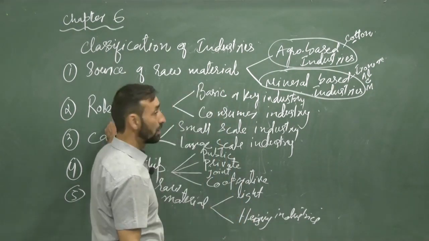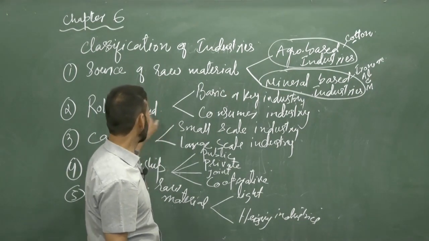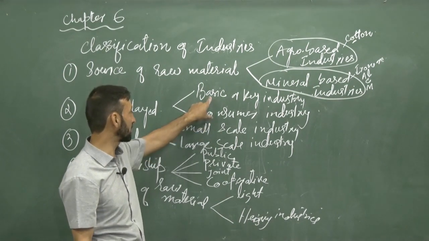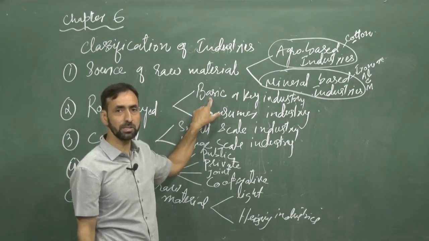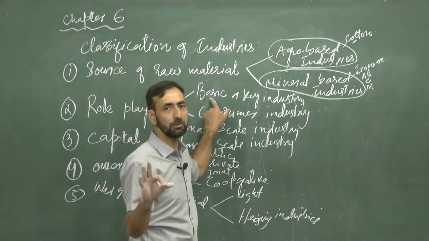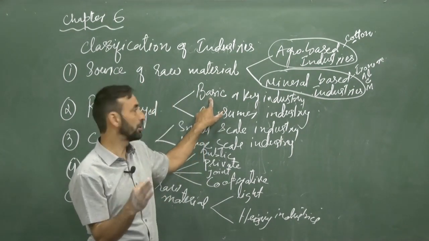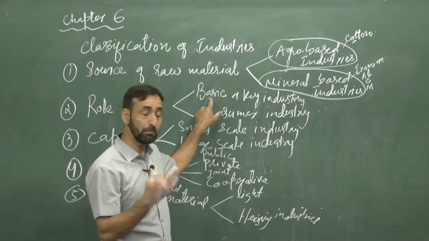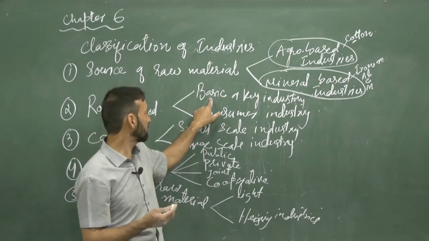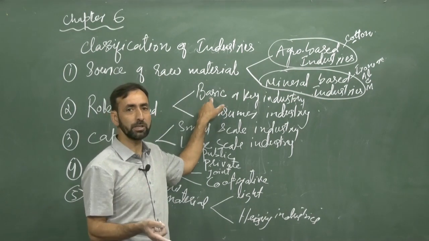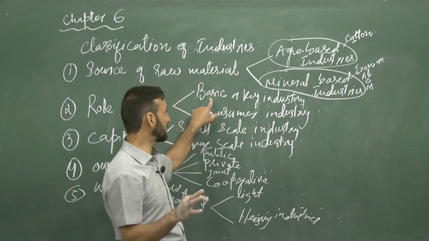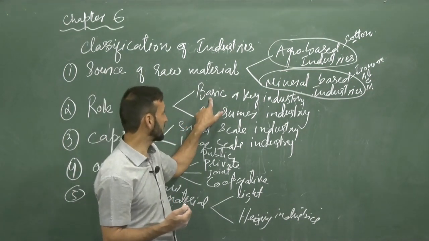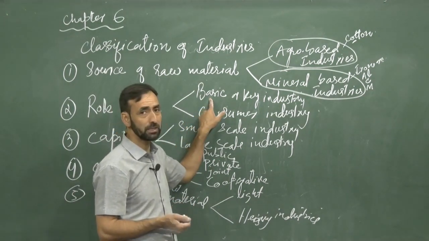Number two, on the basis of role played, industries have been classified into two: basic industry and consumer industry. Basic industries are those which simply convert raw material into a pure material. Likewise, iron ore is a raw material. When it is smelted or purified, we get pure iron. That is the role of the basic industry.